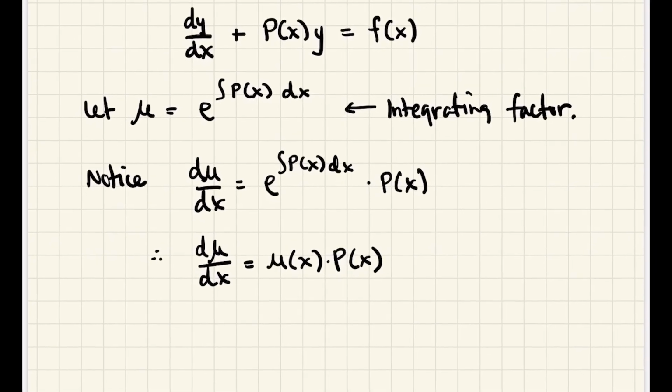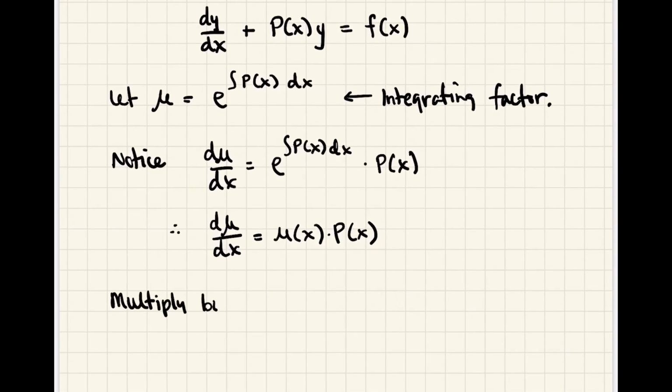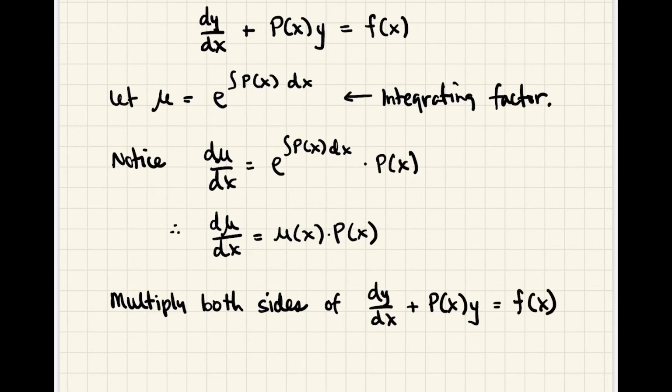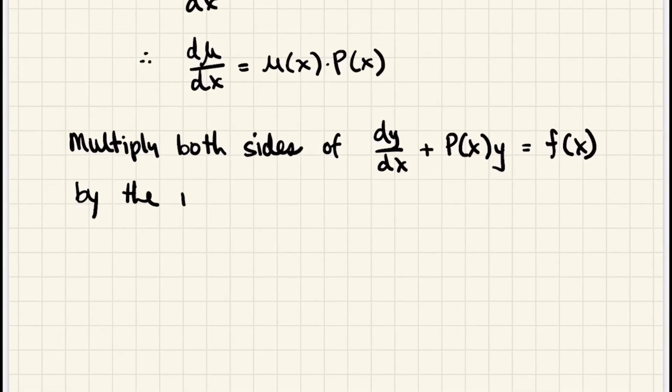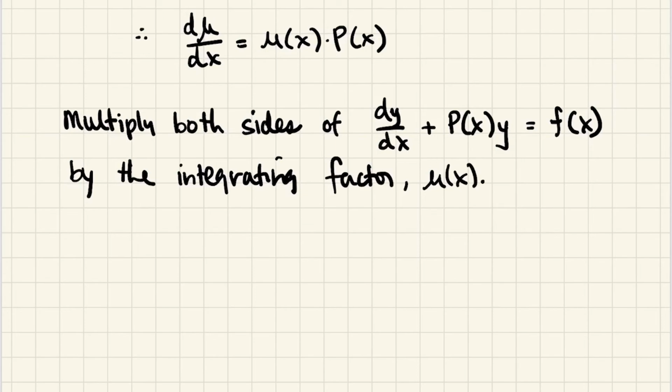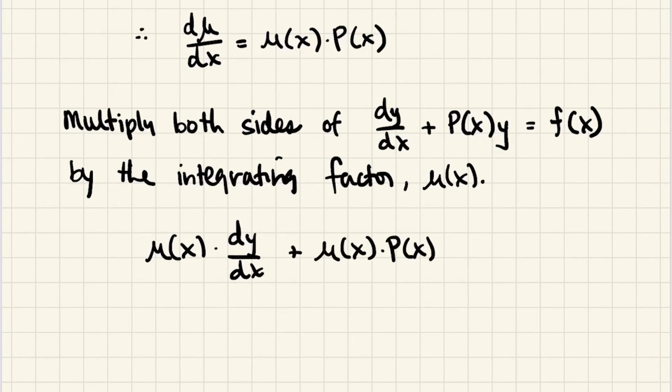So now we're going to multiply both sides of the differential equation by the integrating factor, which is mu. Okay, so what we get is mu of x times dy/dx plus mu of x times p of x times y is equal to mu of x times f of x.